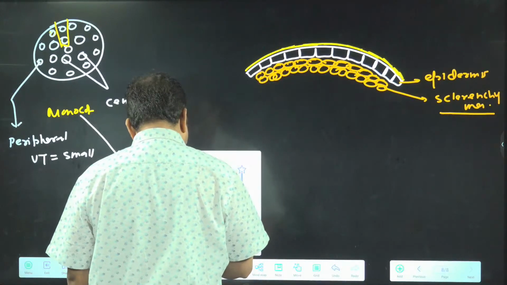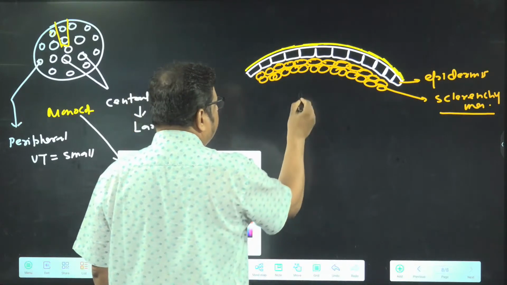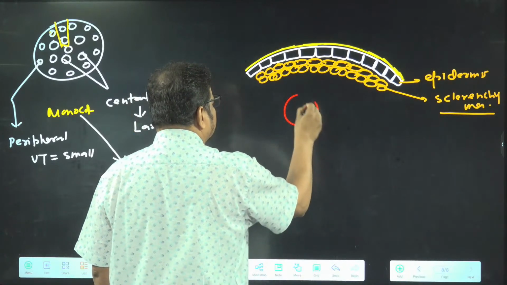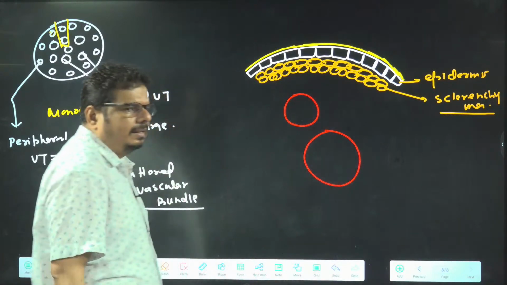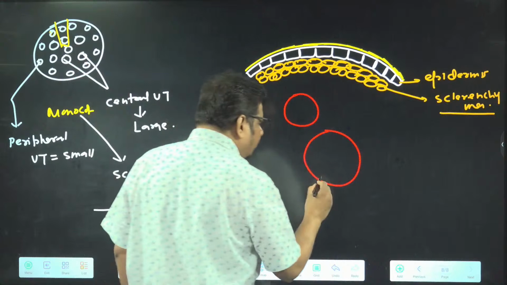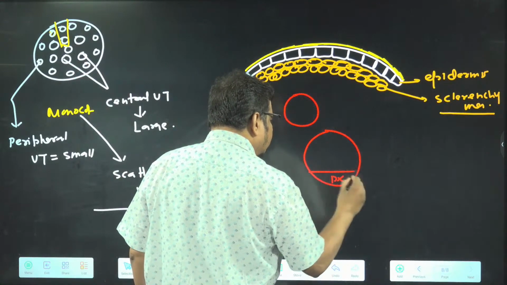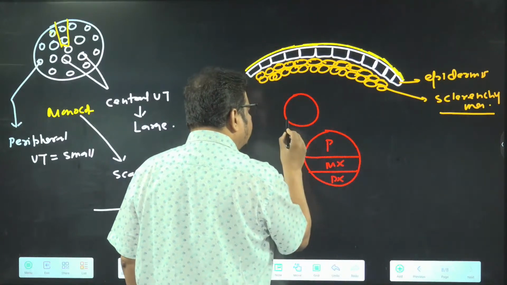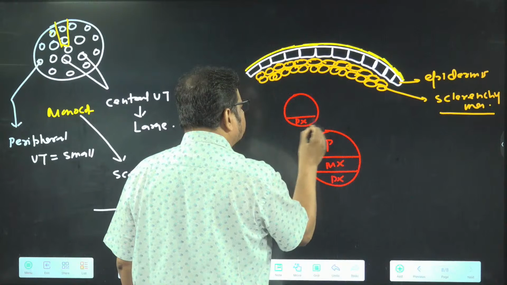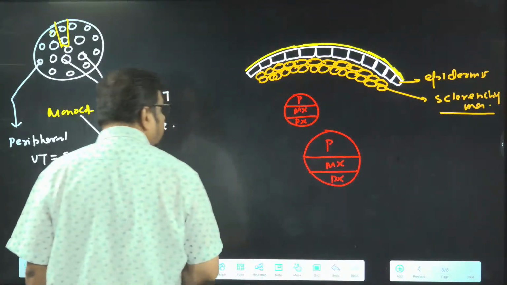Now I am drawing two vascular tissues, one smaller and another larger. In vascular tissue you find protoxylem, metaxylem and phloem. Cambium is absent.